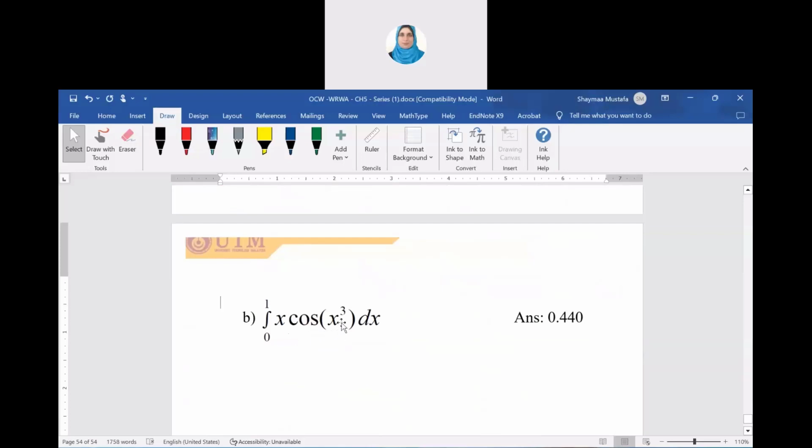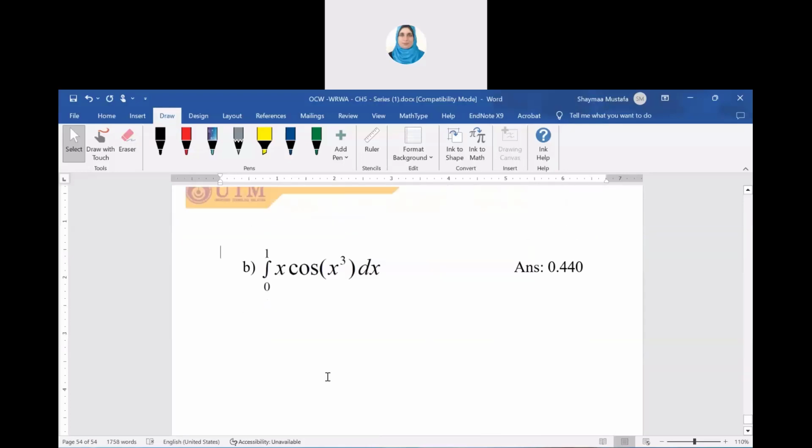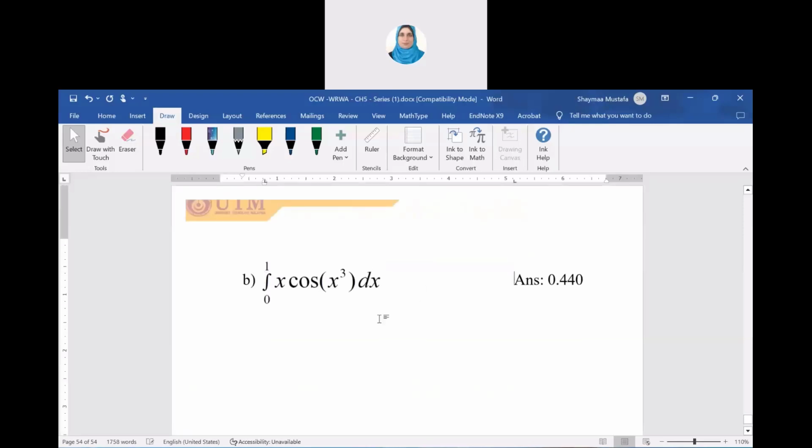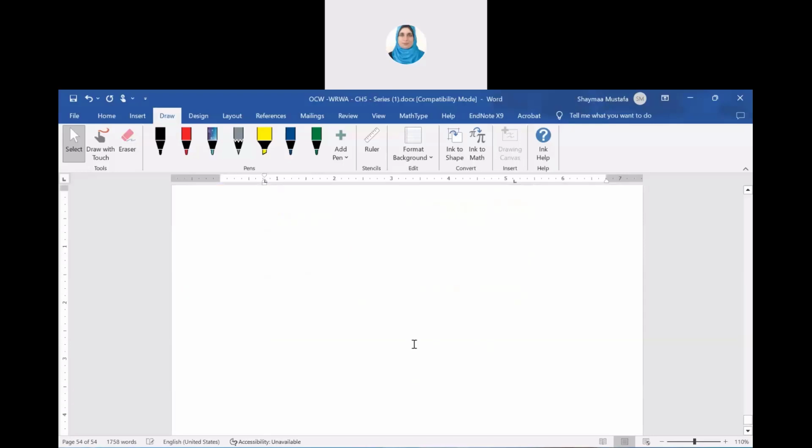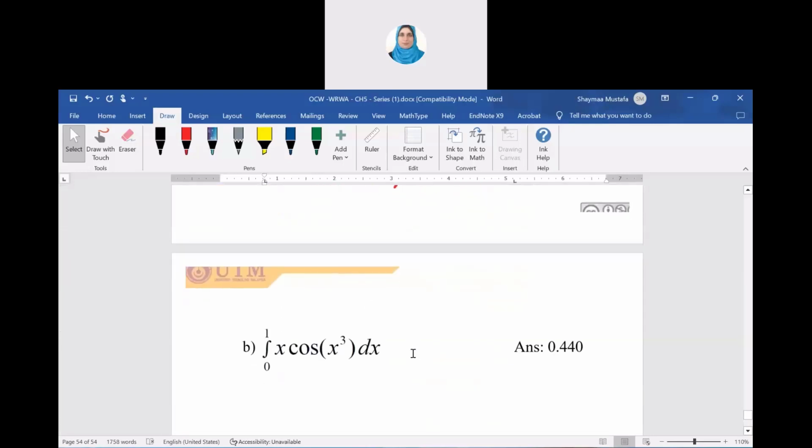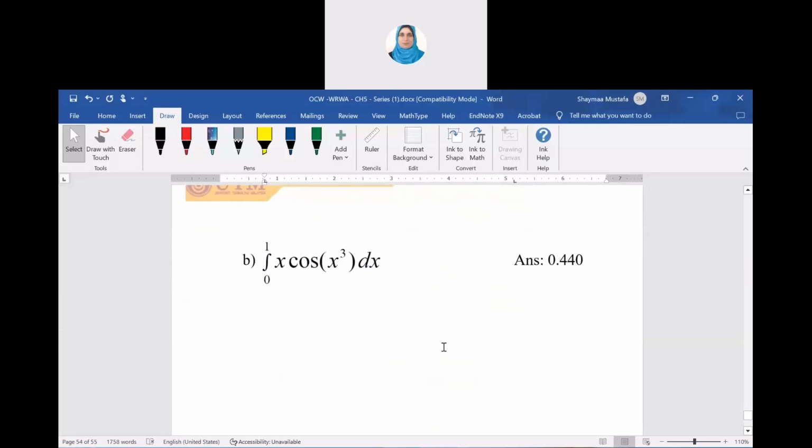Same here, x cos x cubed. I think this is the final example for this chapter. So here we have x cos x cubed. You need to find the Maclaurin series, starting from the Maclaurin series of cos x.